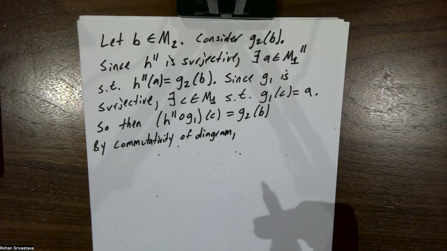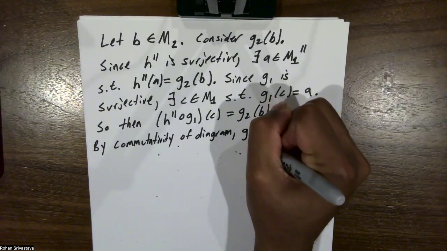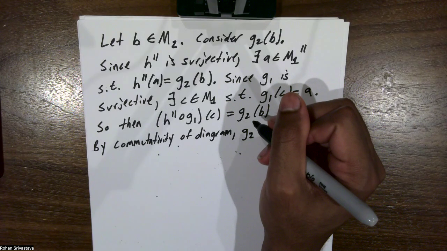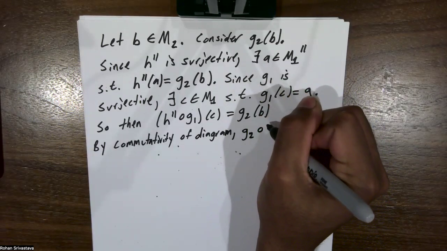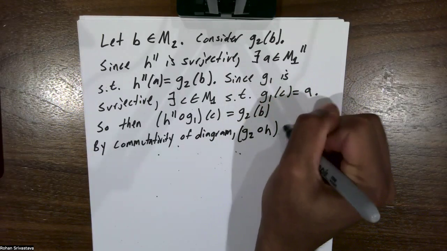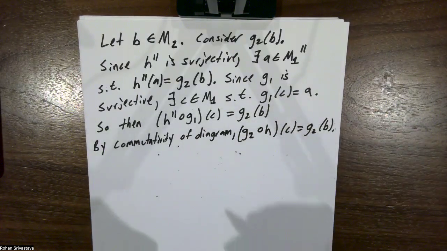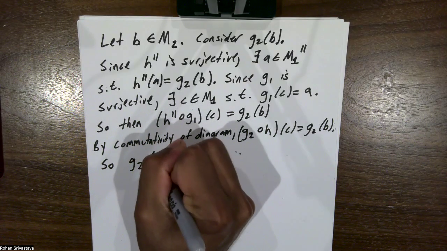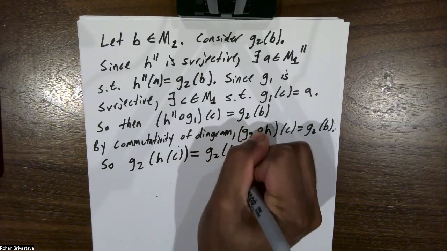So this means that G2 composed with H of C is equal to G2 of B, or just to be clear, we have G2 of H of C, which is equal to G2 of B.